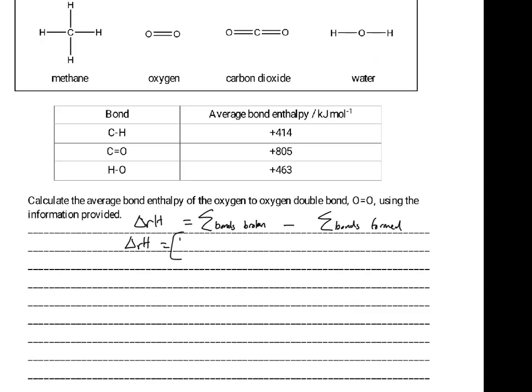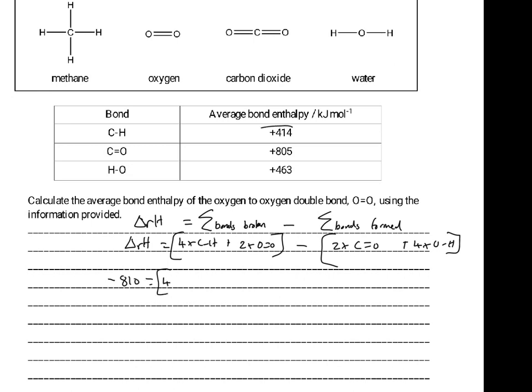So bonds broken is 4 times CH and 2 lots of O double bond O. And bonds formed, you've got 2 lots of C double bond O and 4 lots of OH. Okay, once you've written that, go through and plug in the numbers that you know. You're told the enthalpy of reaction is minus 810, so that's minus 810.